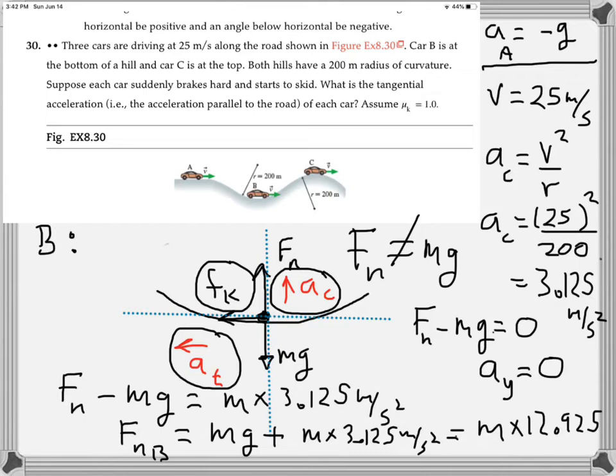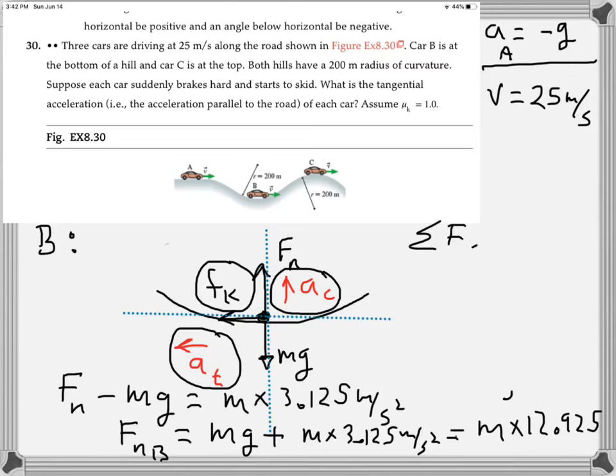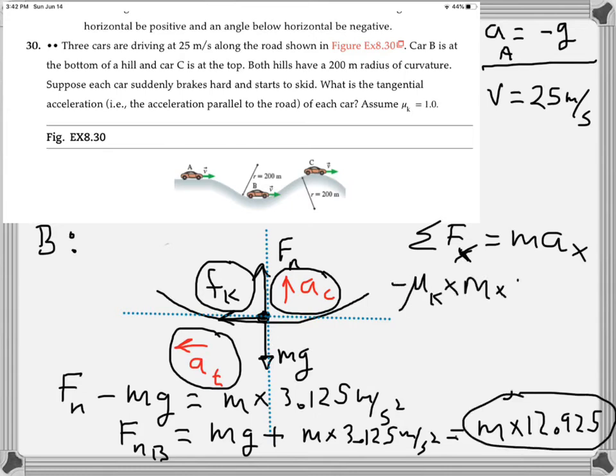So now we move on to calculating the kinetic friction, which will give us the tangential acceleration. So in the x direction, the sum of the forces in the x direction for car B, we only have one force. And that one force is going to be equal to the mass times the acceleration. So minus mu k times the normal, which is m times 12.925, equals ma for car B. The mass cancels.